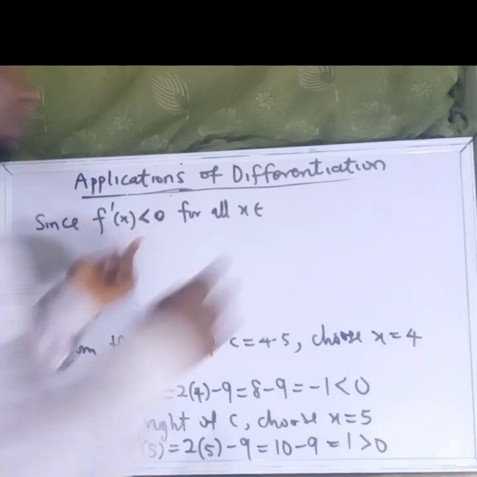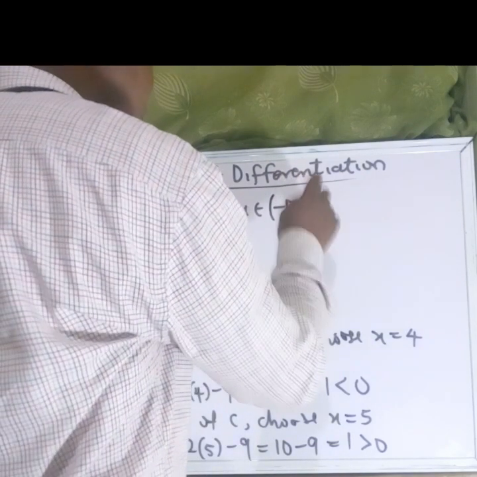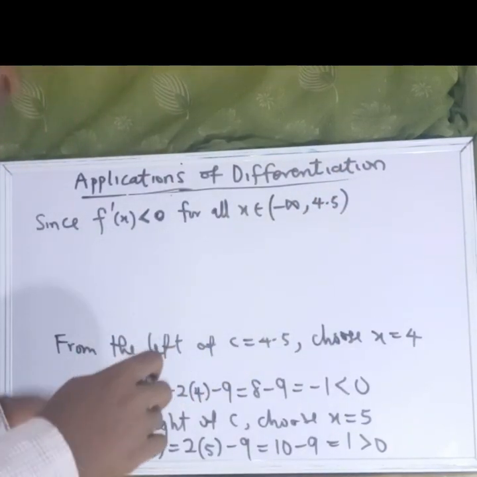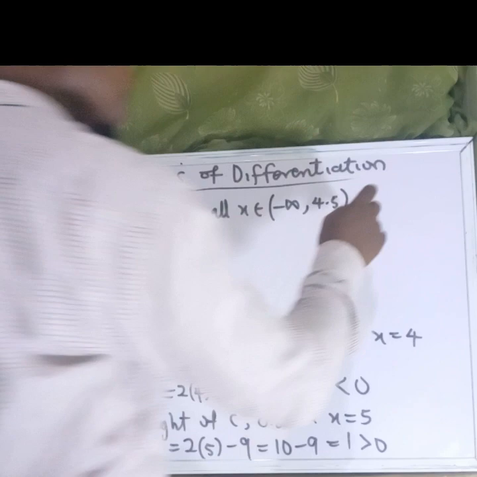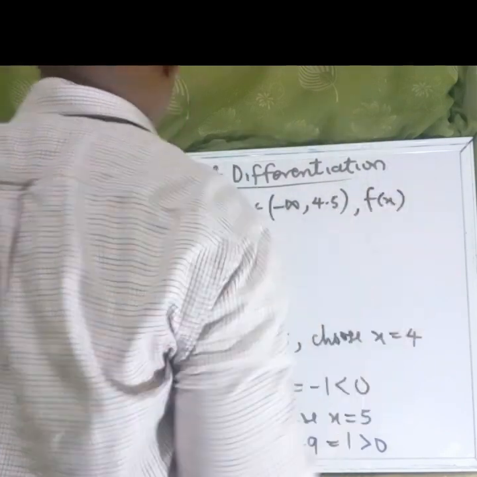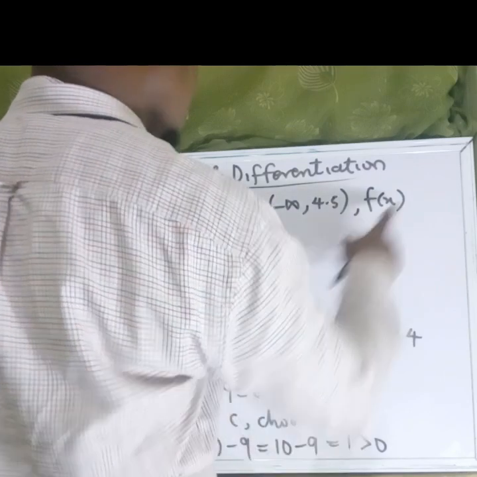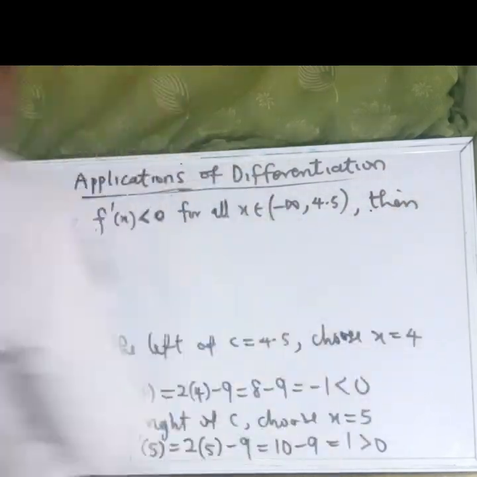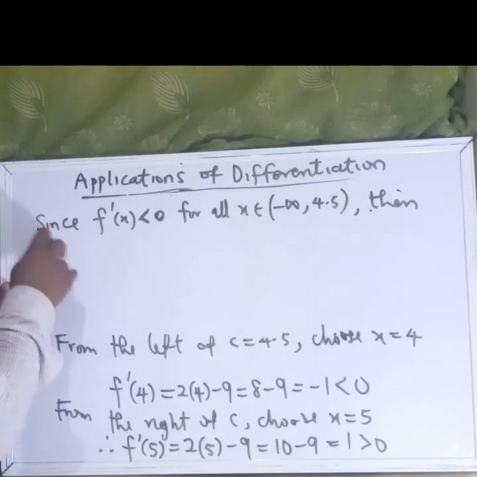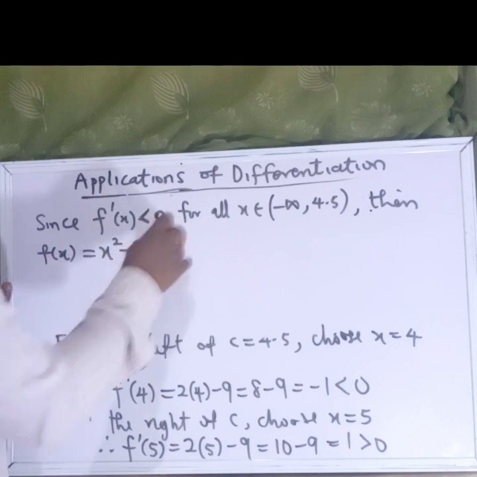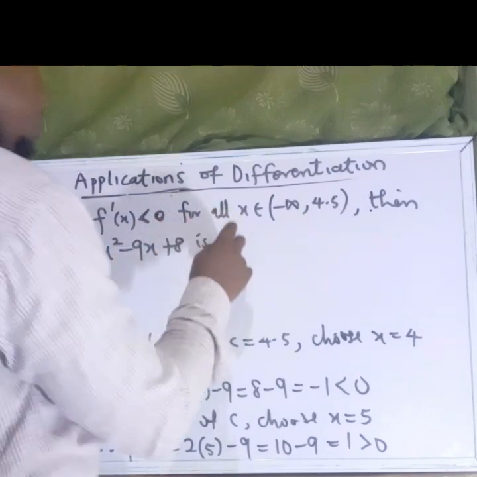So on negative infinity to 4.5, f of x equal to this is decreasing.